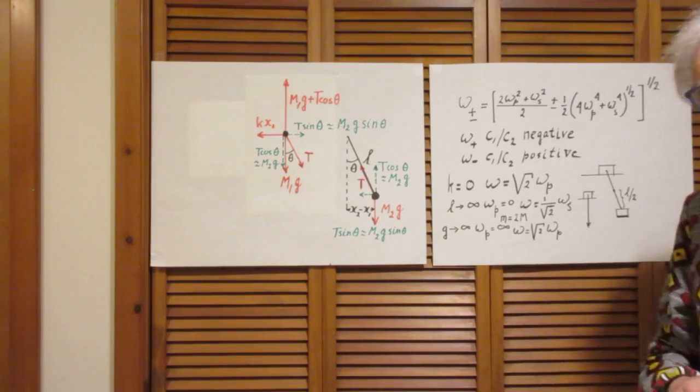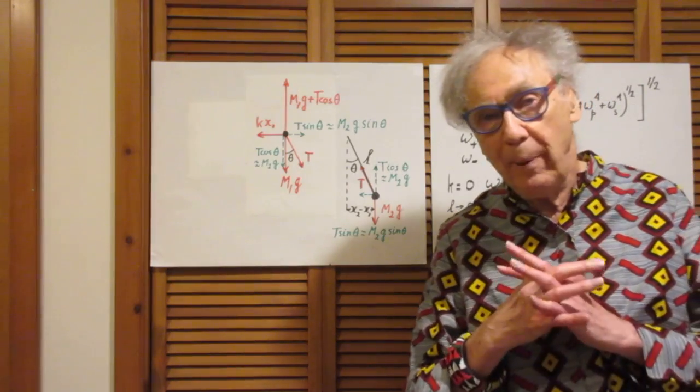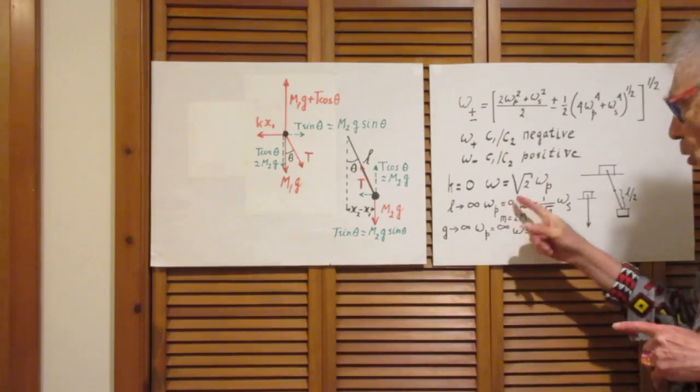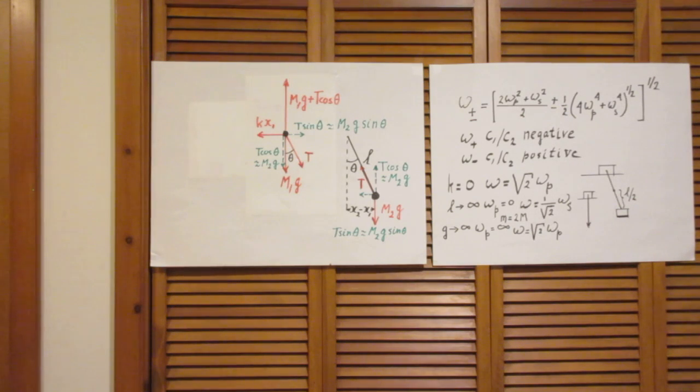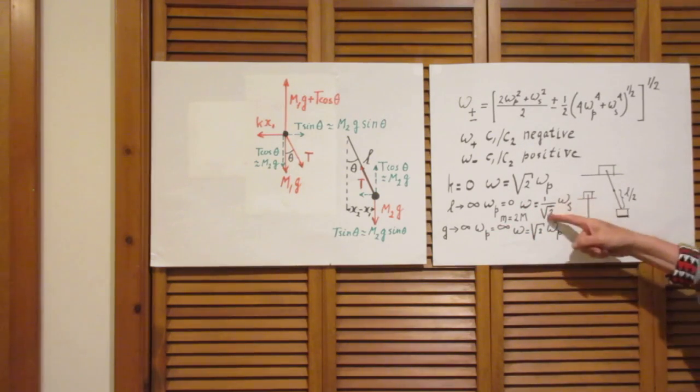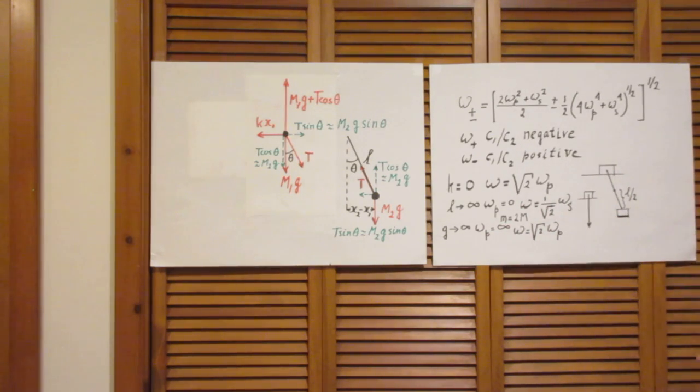There's another thing that you can do. You can make the length of the pendulum infinitely long. If you do that, then omega p is 0. So you substitute that in here, and then you find that omega, which is of course only one frequency now, is 1 over the square root of 2 times the frequency of the spring. And that is also obvious.